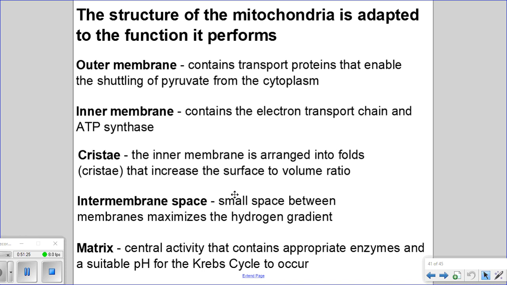So it helps increase that surface area. The intermembrane space is a small space that maximizes the hydrogen ion gradient that gets created. And the matrix, now the central cavity, contains the appropriate enzymes and the suitable pH for the Krebs cycle to occur.